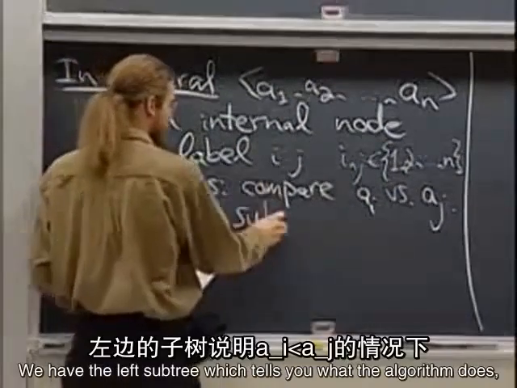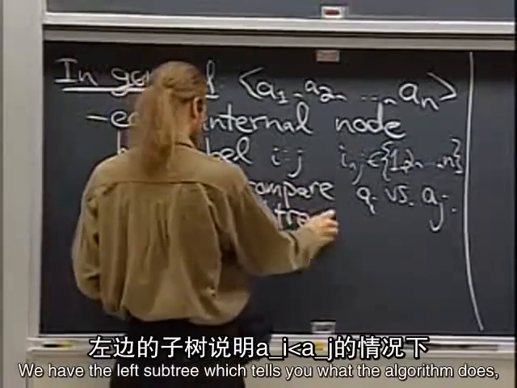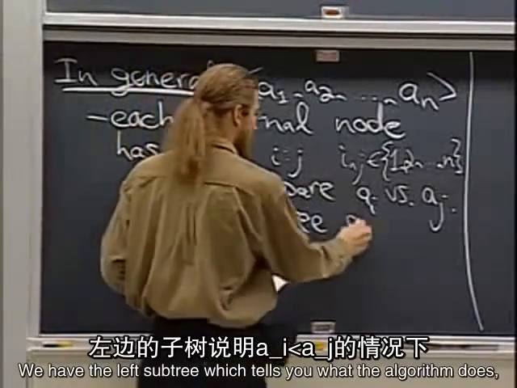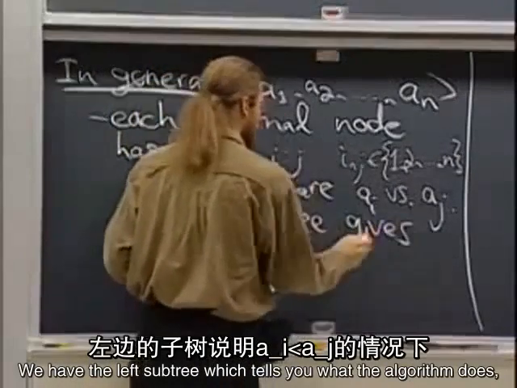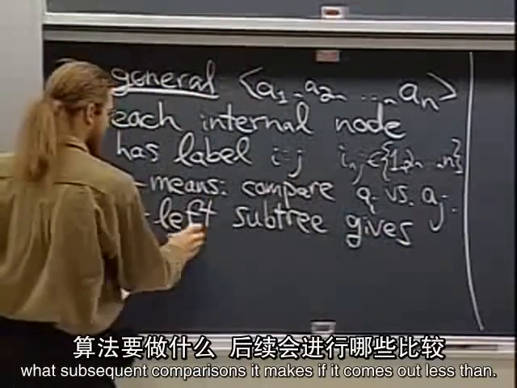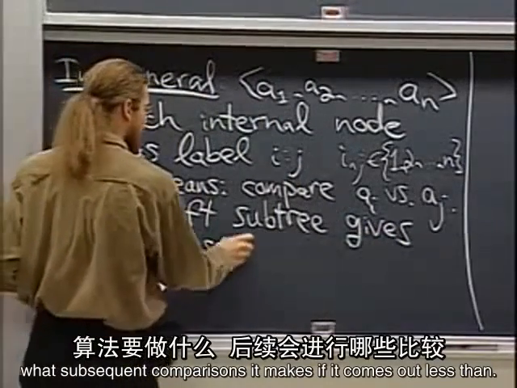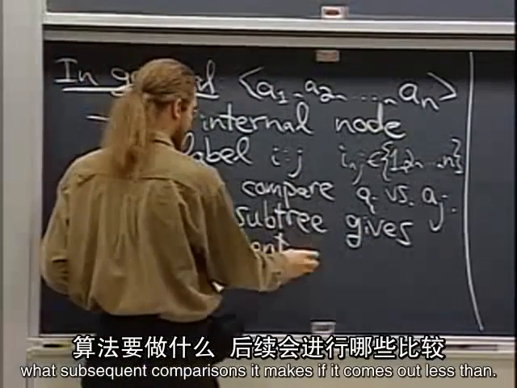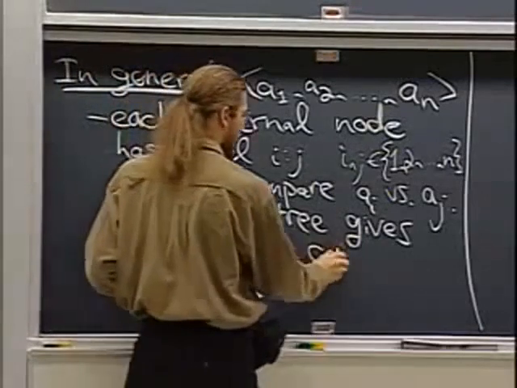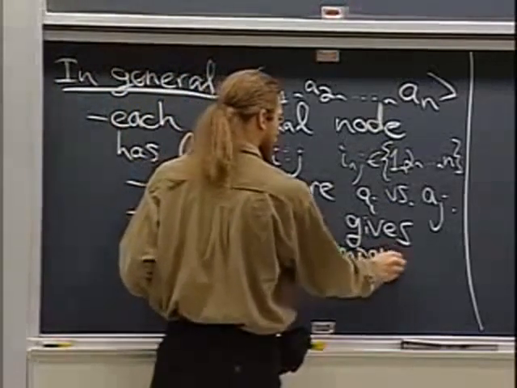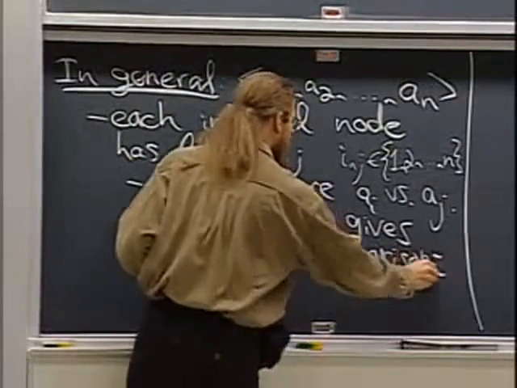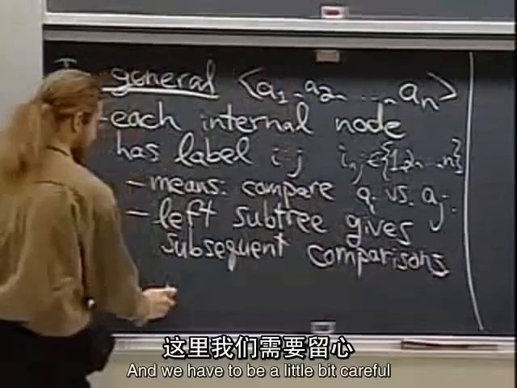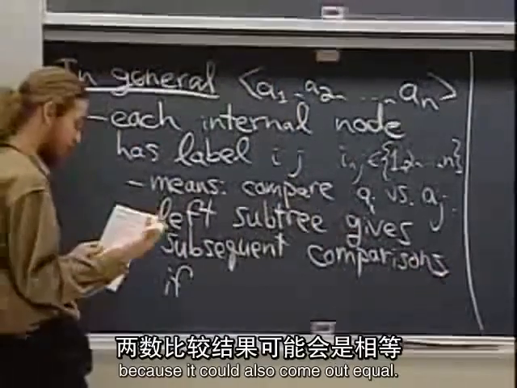We have the left subtree, which tells you what the algorithm does, what subsequent comparisons it makes, if it comes out less than. And we have to be a little bit careful because it could also come out equal.